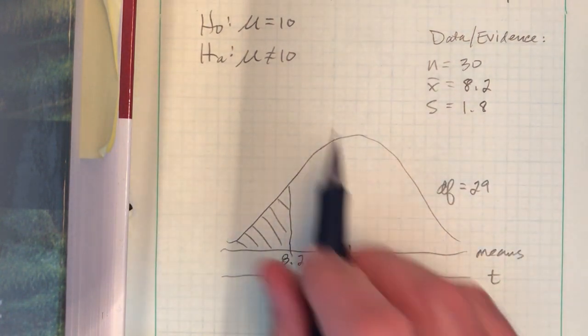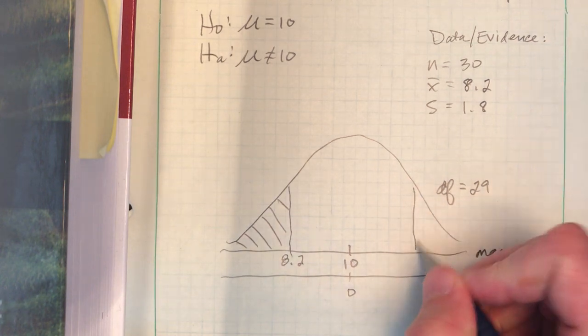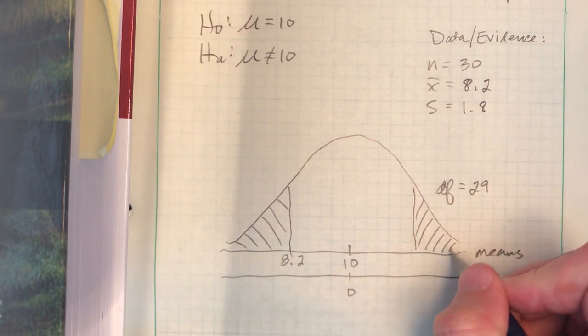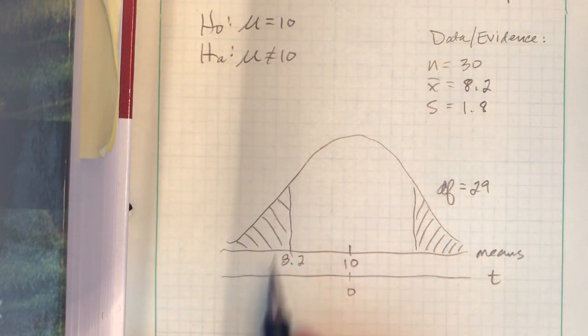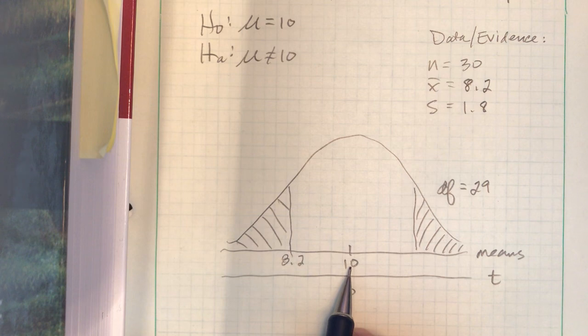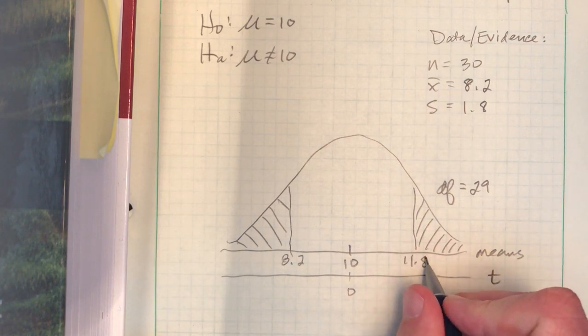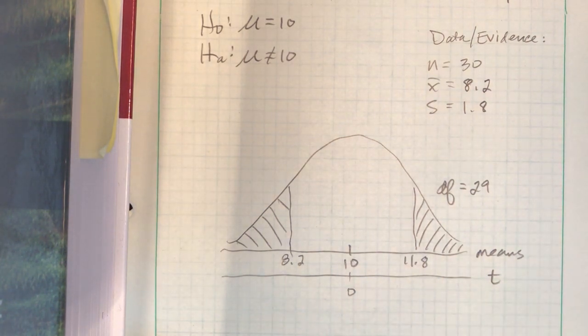But one more time, anytime we use a not equal sign, this is actually a two-tailed test. And so I've got the same area on both sides. One thing that's nice to do is ask yourself, how many pounds away is 8.2 from 10? Looks like it's about 1.8. So if I were to add 1.8, it's the same as if they had gained 11.8 pounds.